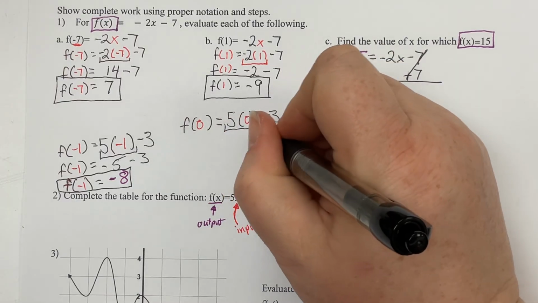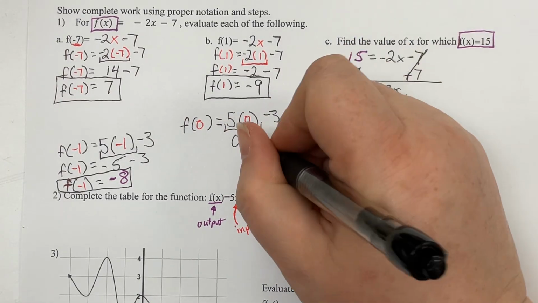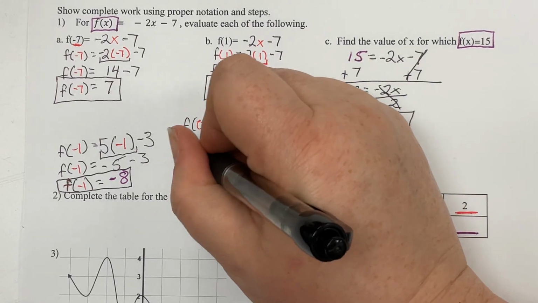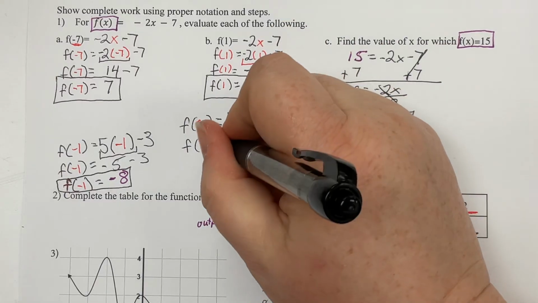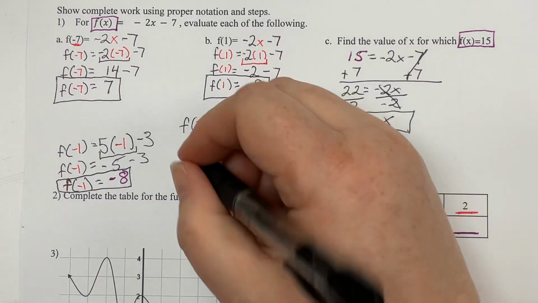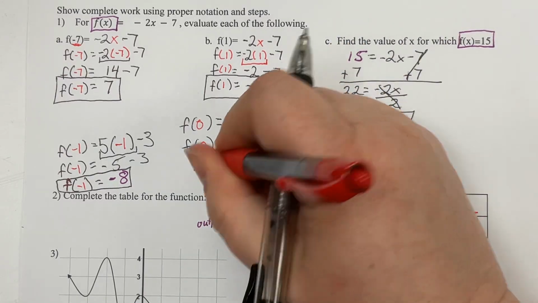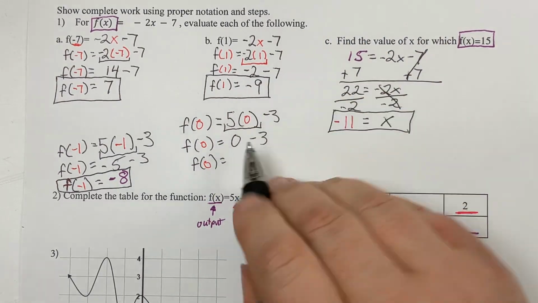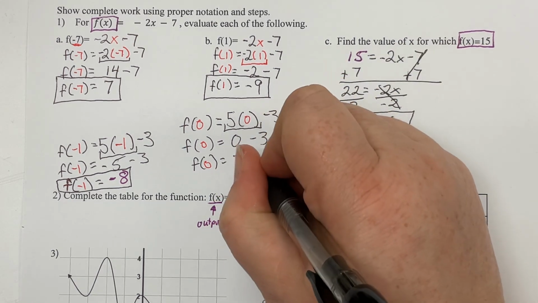First I'll multiply. 5 times 0 is 0 minus 3. F of 0 equals 0 minus 3. That's minus 3.